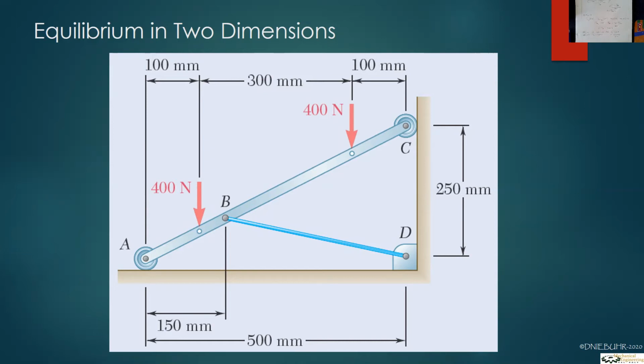And then the TBD was applied down in the corner. That's where I got the 250 for the horizontal force and the 500 for the vertical force.